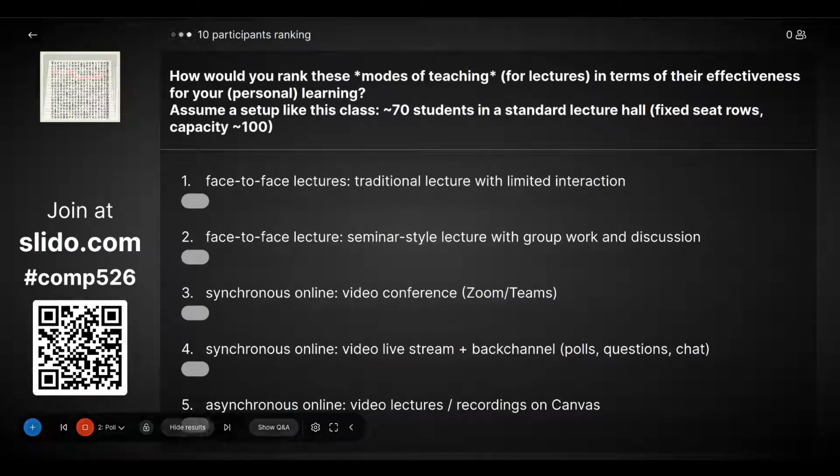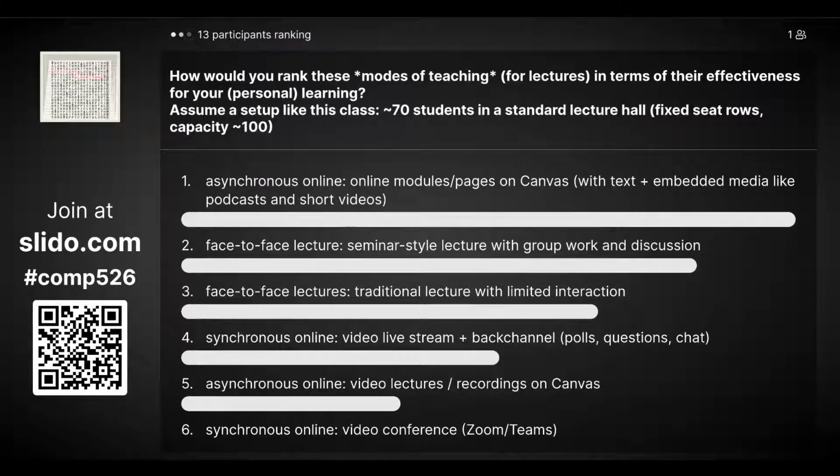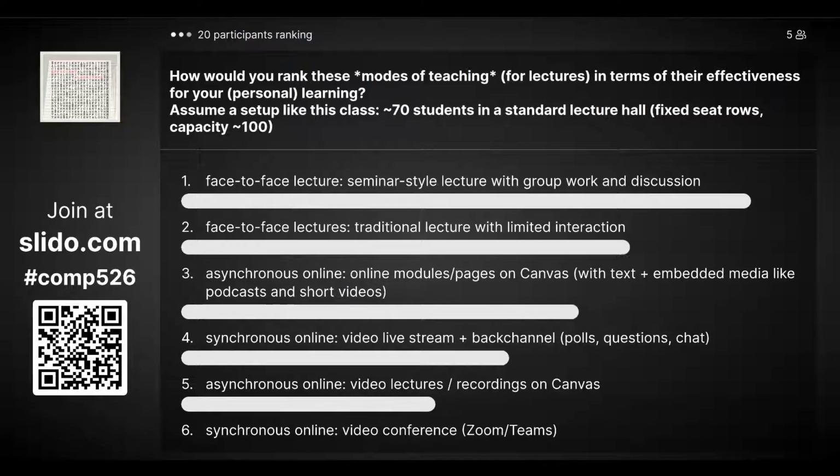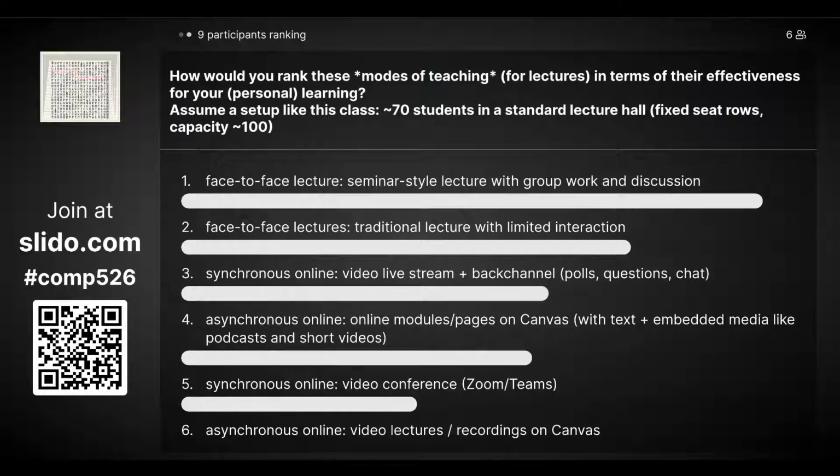That's still big enough to read from the last row. I scaled down this font a bit. Okay. So the first person liked asynchronous online and was the fastest to vote.